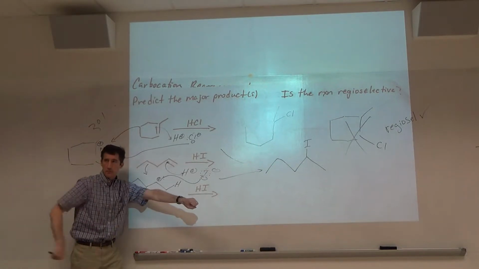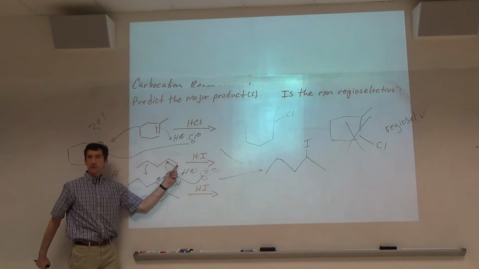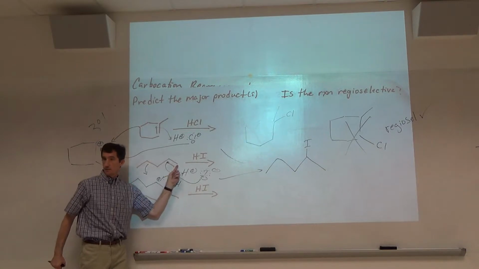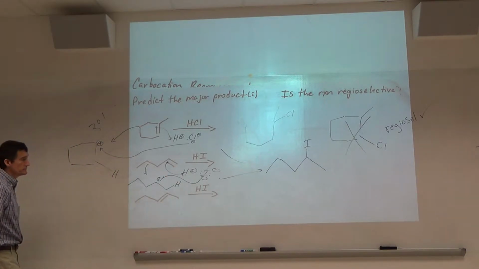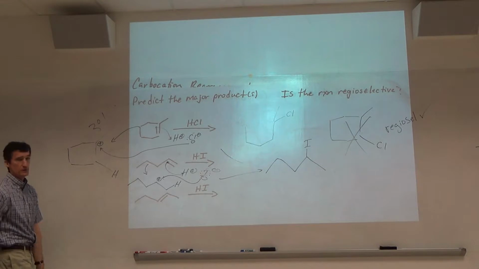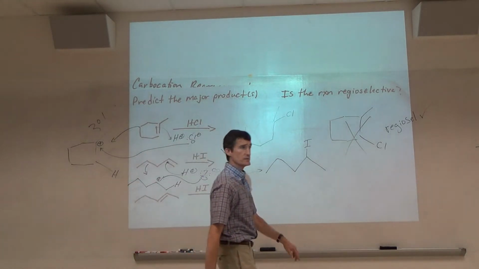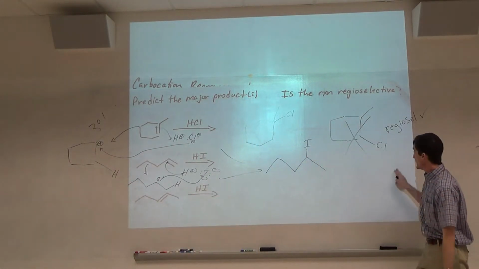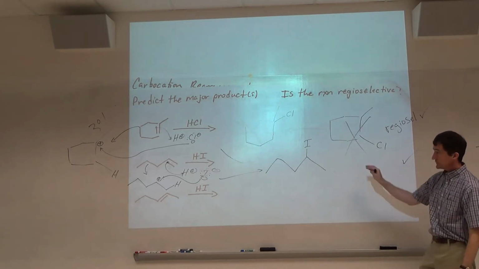We're not going to hinge this way and leave cation out there on the end as a primary carbocation. So is this reaction regioselective? Are we going to get the other regioisomer? No. Regioselective, check. That was also regioselective.